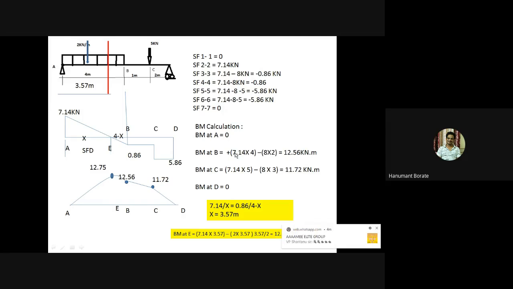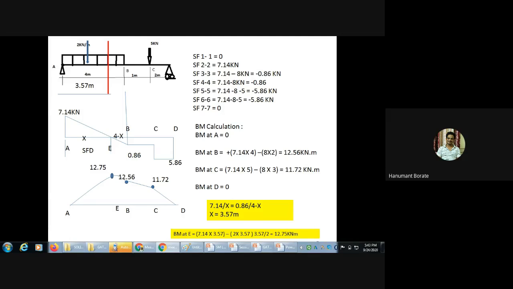At B point, the value is 12.56. So I plot here the positive value 12.56. At C point, 11.72. So above this C point, I have plotted the 11.72, and at D 0, right?